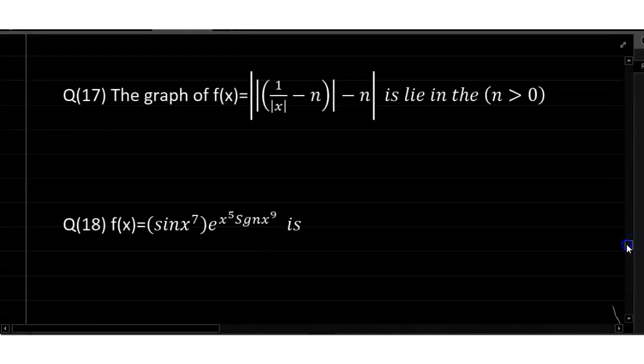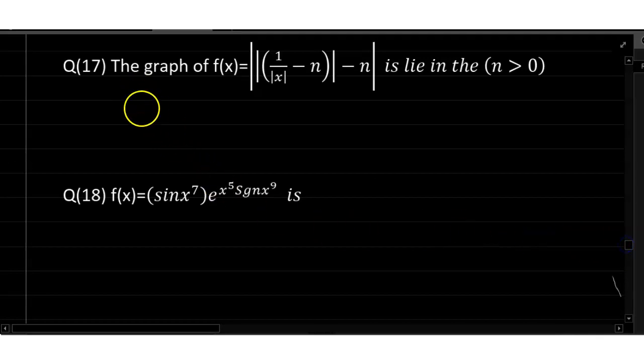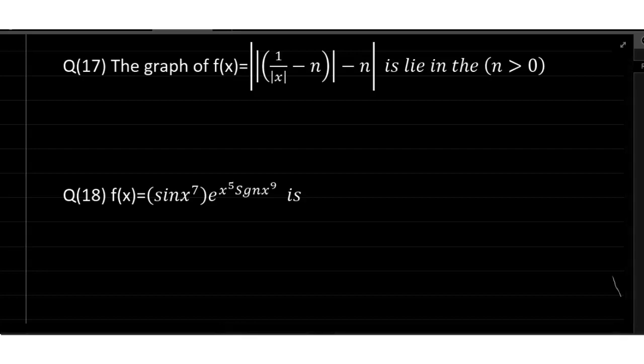So let's move to solve another problem. The graph of f(x) is equal to 1 by mod x minus n modulus, where does it lie?